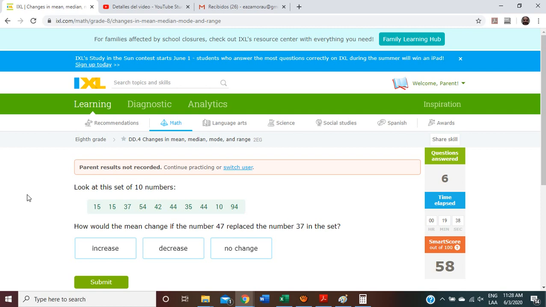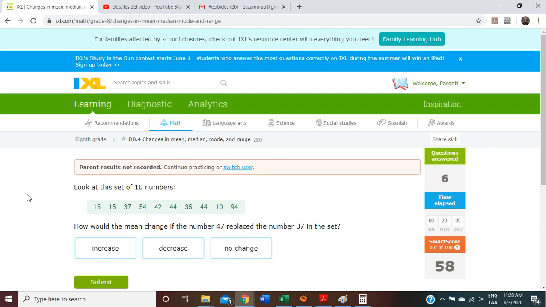Imagine that someone says, let's say that we're going to change the 7 for a 9. What is going to happen to the average? Is it going to be the same average, is it going to decrease, or is it going to increase? Obviously, with a higher grade, the average is going to increase.